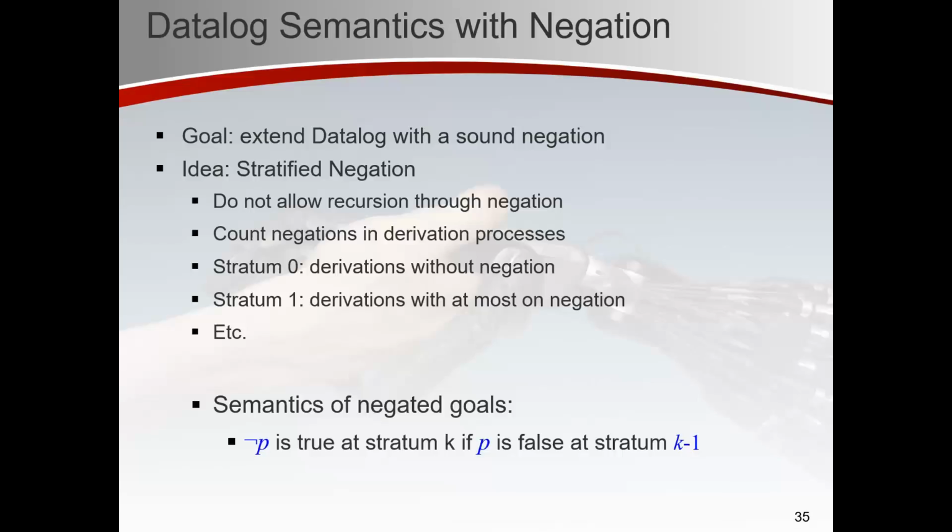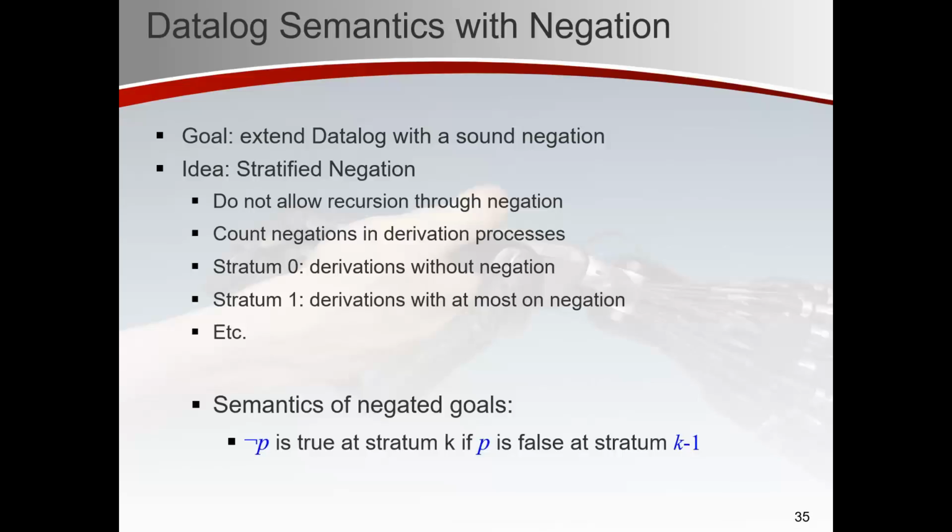We saw that idea in the non-negated case just seconds ago, where the facts that are derivable in 1 step are on the first stratum, those that are derivable in 2 steps are on the second stratum, 3 steps are on the third stratum, and so on. So this stepwise growing of the database is the idea of strata.